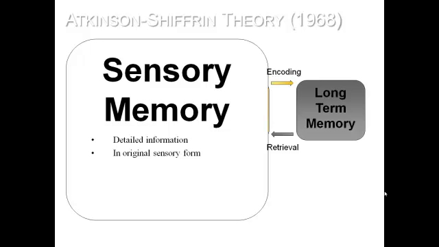We essentially receive this information, and then once we receive it, we need to process it. Well, the sensory memory is kind of that first step. You are receiving this information from the environment, and now at this stage you need to move it on to the next level.